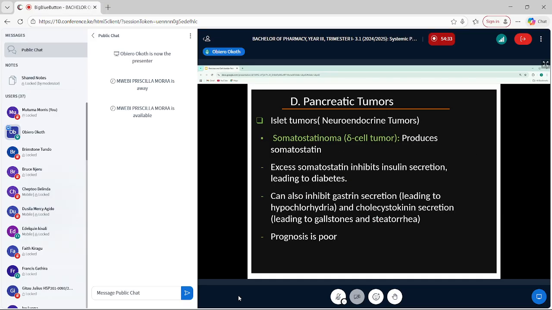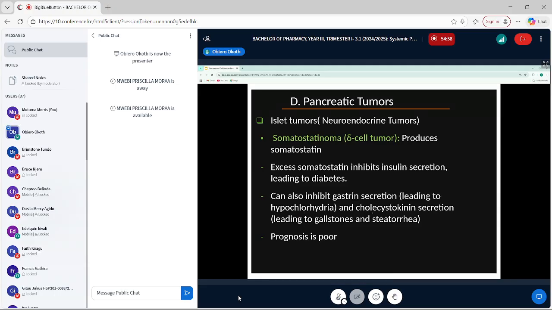Excess gastrin. Sometimes you can get excess somatostatin, so that will be a somatostatinoma, a delta cell tumor that produces somatostatin. Somatostatin normally inhibits insulin secretion, so they lead to diabetes. It can also inhibit gastrin secretion, leading to hypochlorhydria, low acid level.